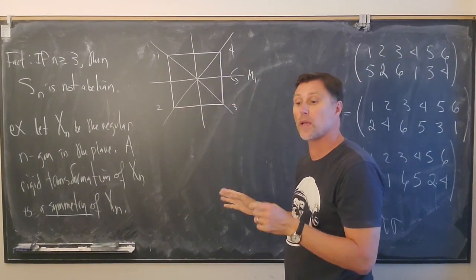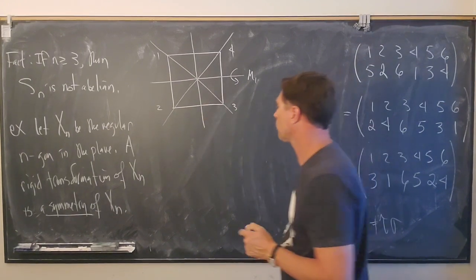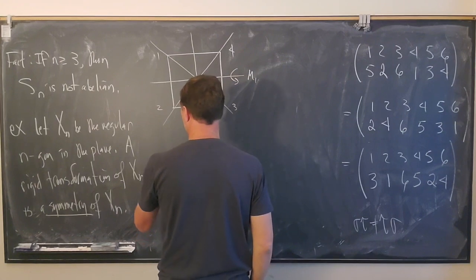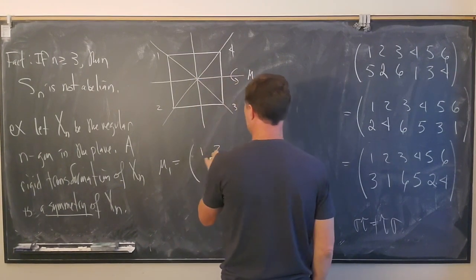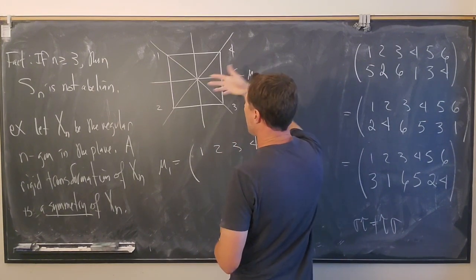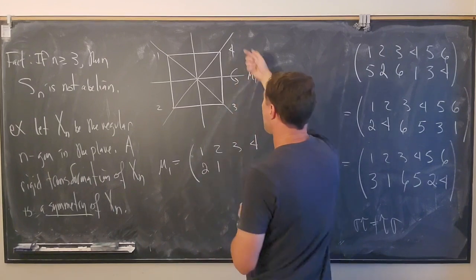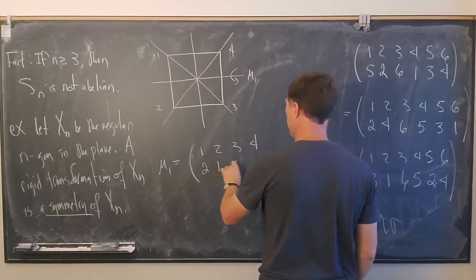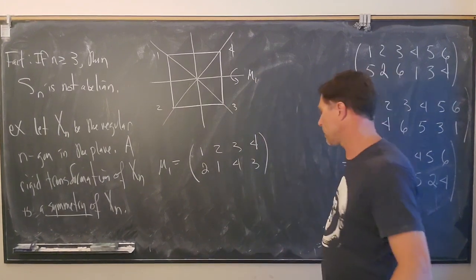So it corresponds to a permutation of the numbers 1, 2, 3, and 4. So, for example, mu1 can be represented as the matrix 1, 2, 3, 4. And then, let's see what happens. 1 goes to 2, and 2 goes to 1. 3 goes to 4, and 4 goes to 3. So it interchanges the top and the bottom vertices.